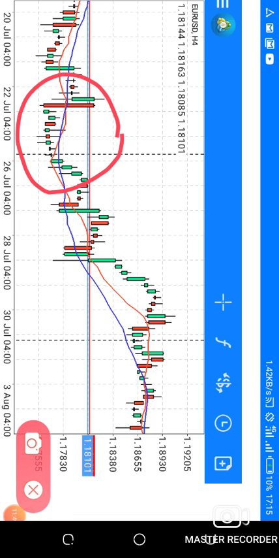The red crosses the blue and comes down as if it wants to sell. And before you know it, the price starts moving up again. It is just a retracement that happened.